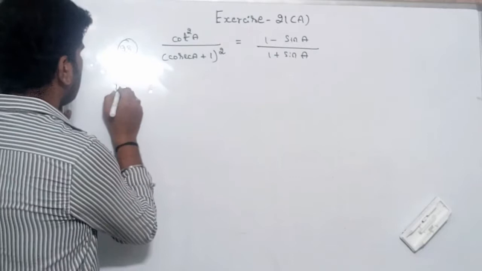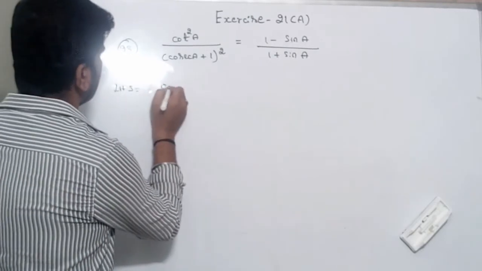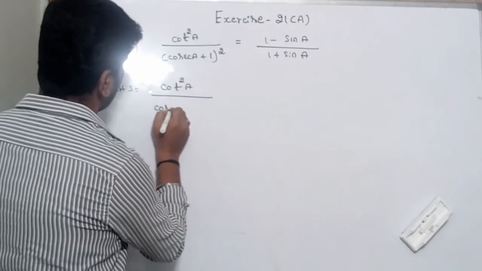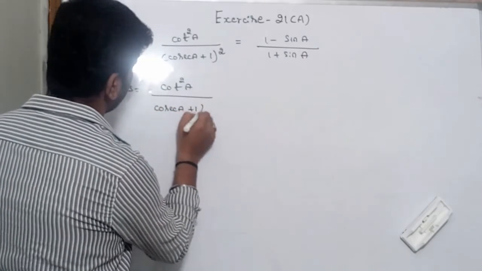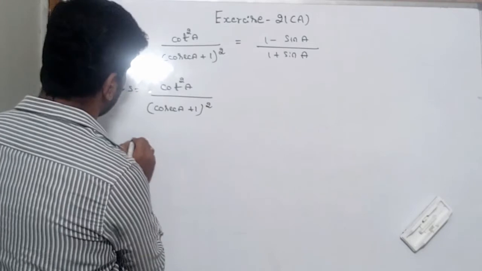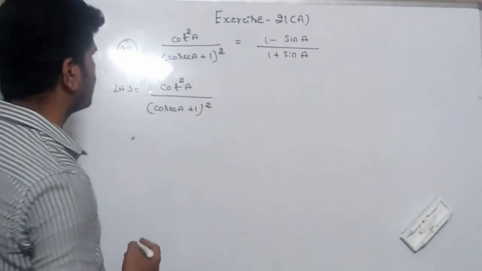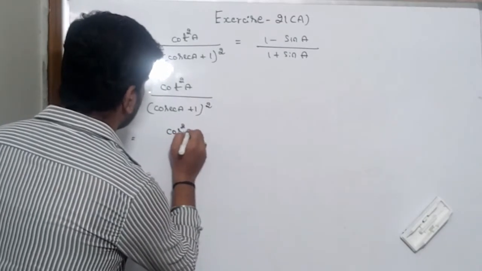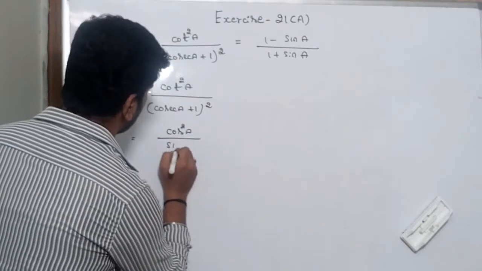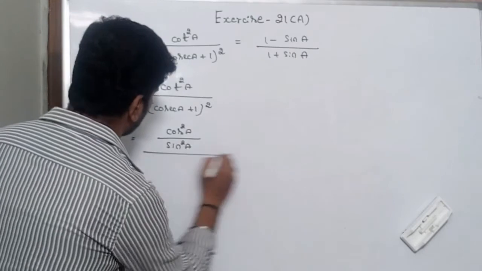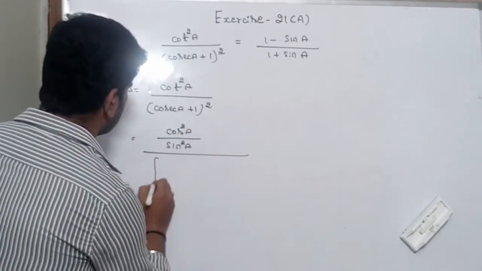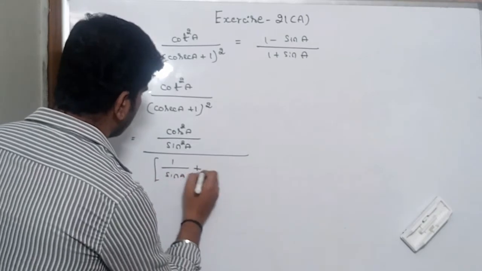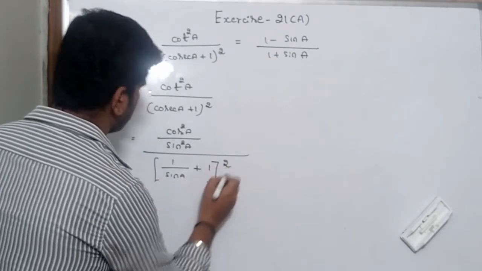So what do you have to take now? LHS. LHS is equal to cot square a divided by cosecant a plus 1 the whole square, that is equal to, so write the reciprocal relation. Cos square a divided by sin square a, whole divided by 1 by sin a plus 1 the whole square.